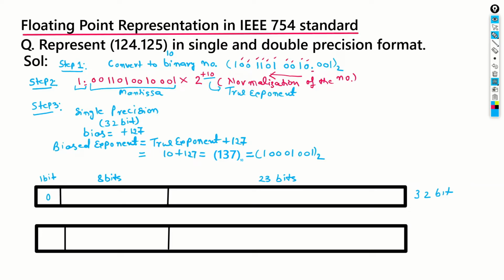Exponent means biased exponent. So my biased exponent is already of 8 bits, so I will put the value here. If you are getting a lesser number of bits, then you will add the zeros before the binary number. So I will put this value 10001001. Right. Now I have to write down the mantissa.